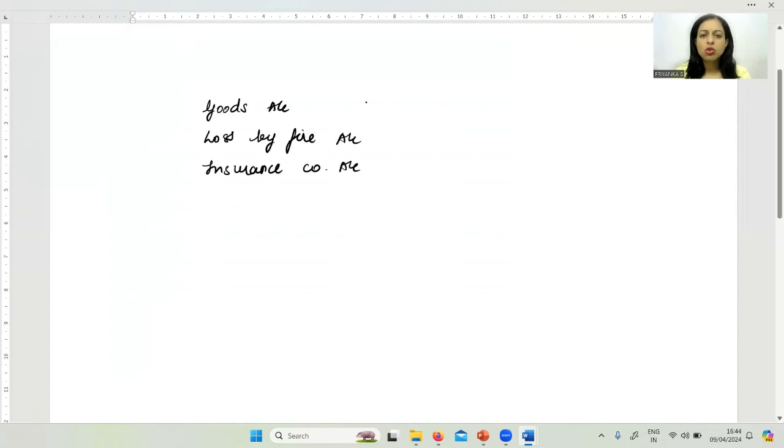Now goods account, goods are going out, so it is credited because it's lost. It's going out of the business. It's no longer in the business, so goods account is credited. Loss is, of course, loss, so it is debited. It's a nominal account. All accounts which are expenses and losses are debit. Insurance company, has it given or has it received anything? The insurance company has admitted the claim. That means is the insurance company the giver or the receiver in this case?